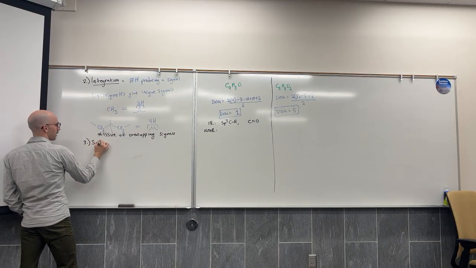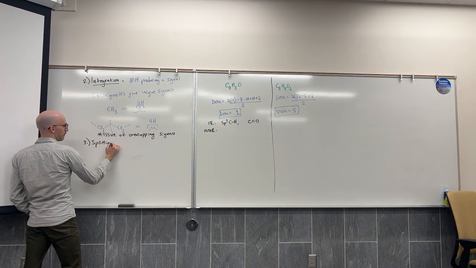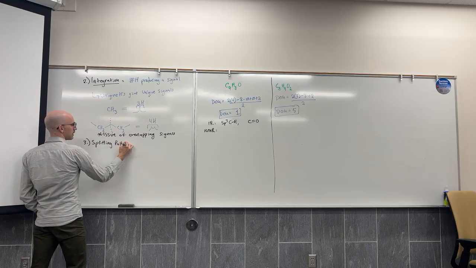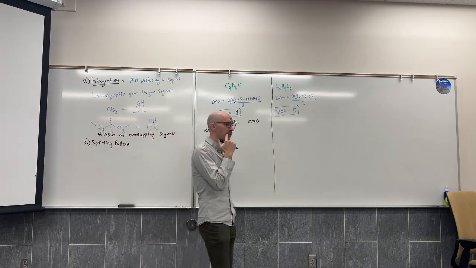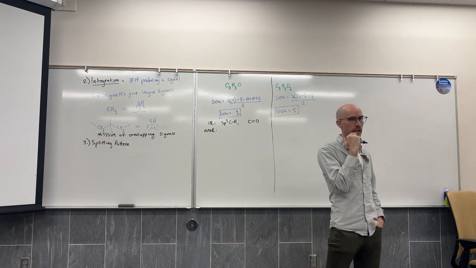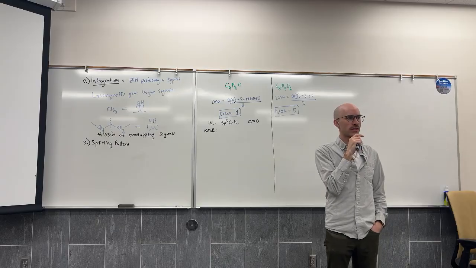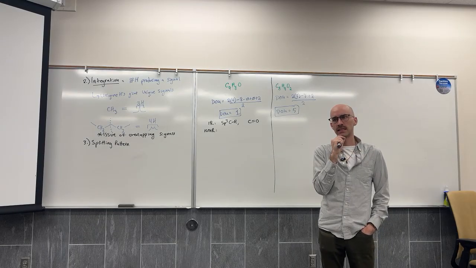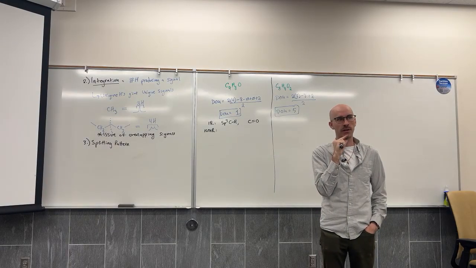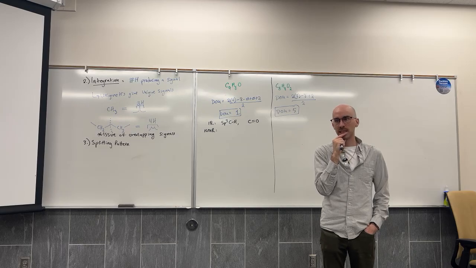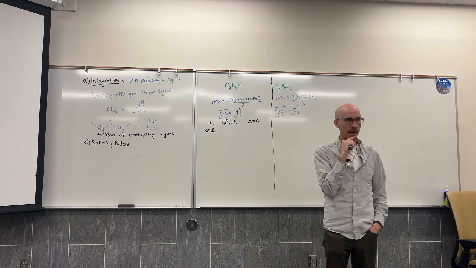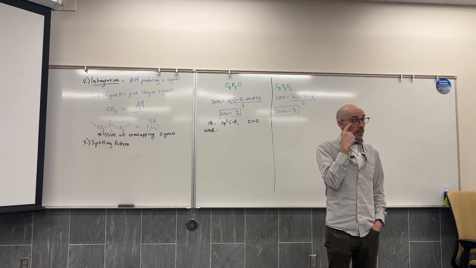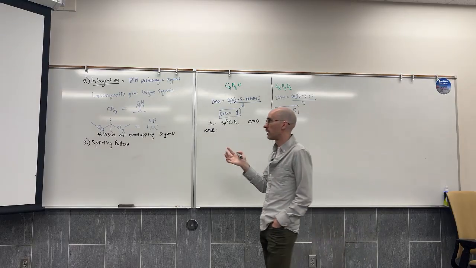The last component is splitting pattern, and in my opinion, this is a feature that you need if you are an organic chemist or a spectroscopist. This is not something that you need if you are in OCHEM 2. You don't really need to be able to interpret the splitting pattern. The way that it works is simple enough.